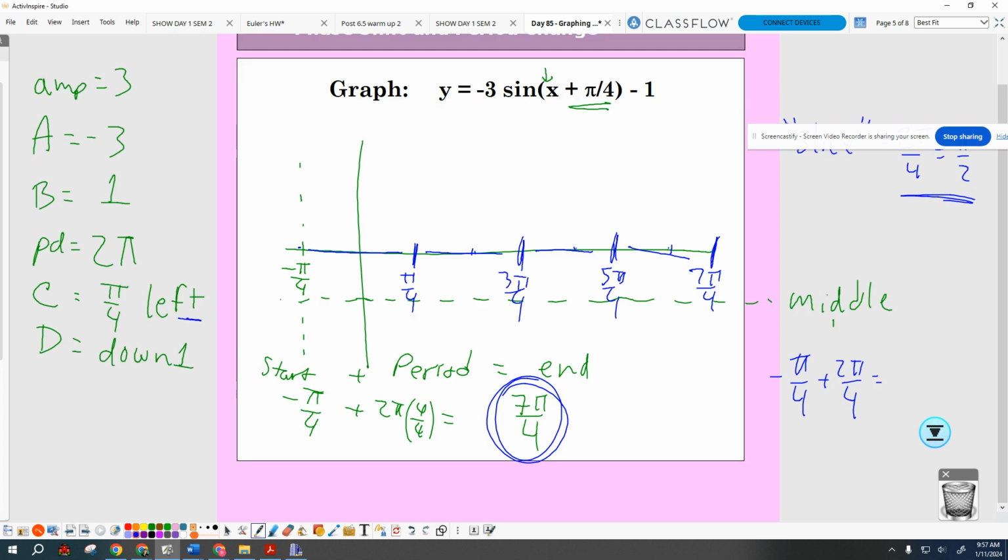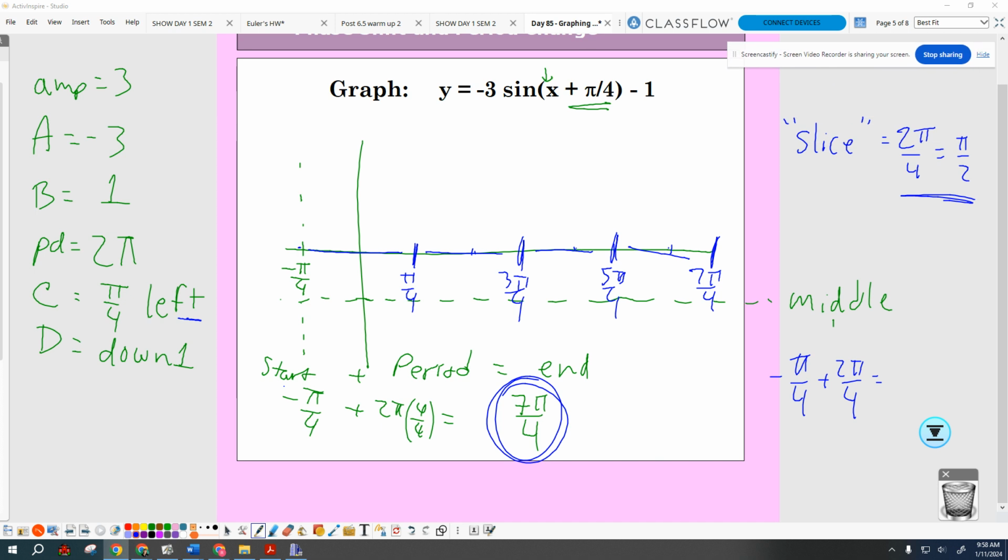What I'm showing here, how to figure this stuff out, is that the starting point plus the period gives me the ending point. So where did you start? How long is the race? How long does it take to make one complete wave? Where did that slice come from?